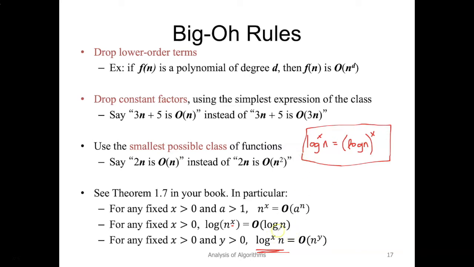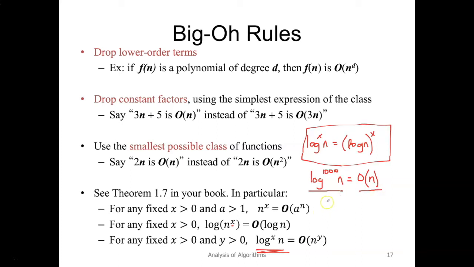And what we're saying is that if we took log to any power, let's say we had log of n all to the 1,000th power, so you can pick anything, this still grows at a slower rate than if we were to pick n to any power. Let's say we just pick n to the first power. So this says that any power of a logarithm grows at a slower rate than any power of n.